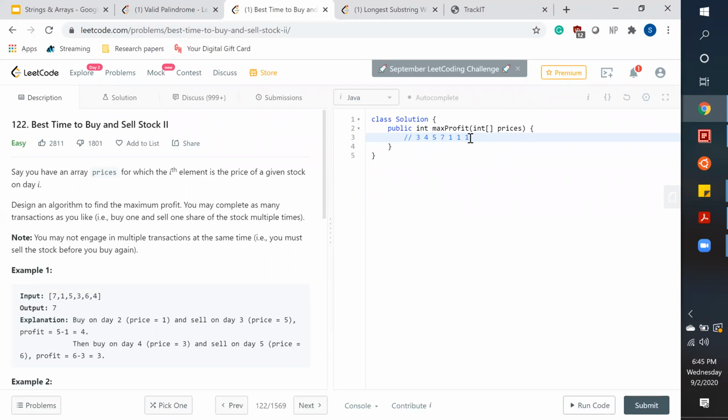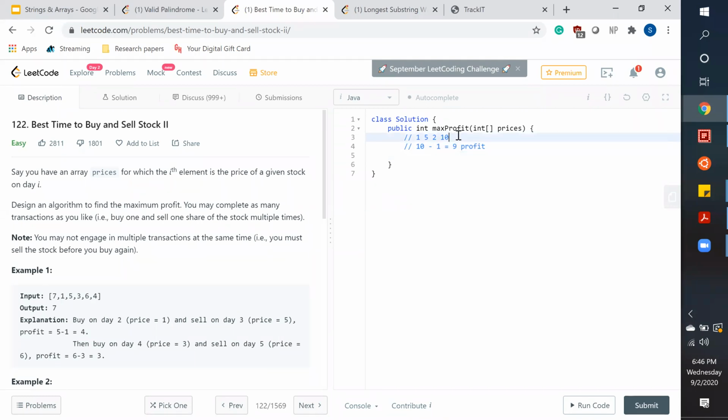So yeah, that is good intuition, but I think what some people are not seeing is the idea that you may complete as many transactions as you like. So if I had something really simple, like 1, 5, 2, 10, right? If I look for the min and the max, then I try to get 10 minus 1, which is 9 profit, right?